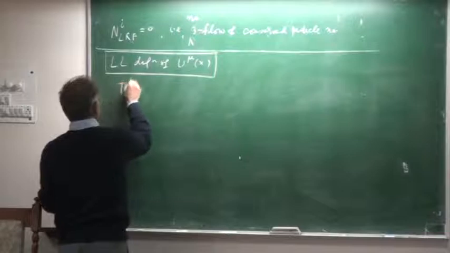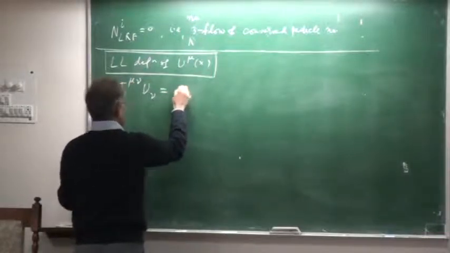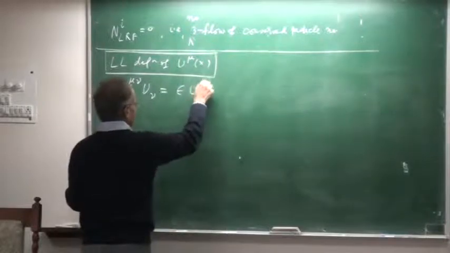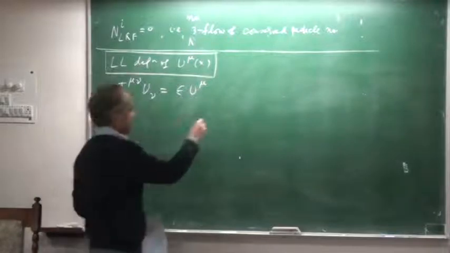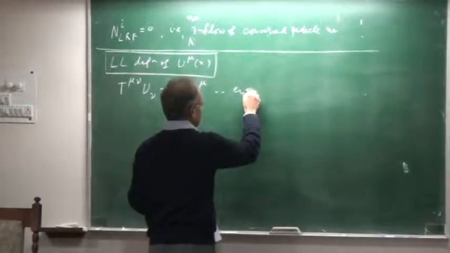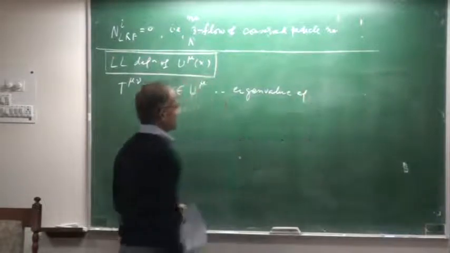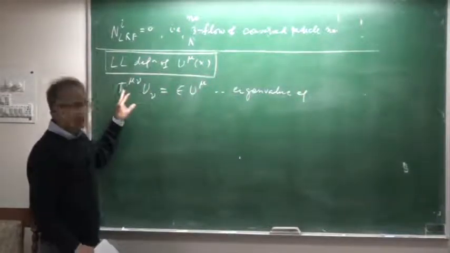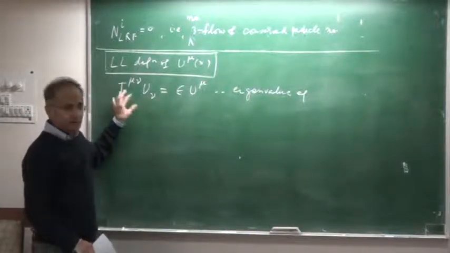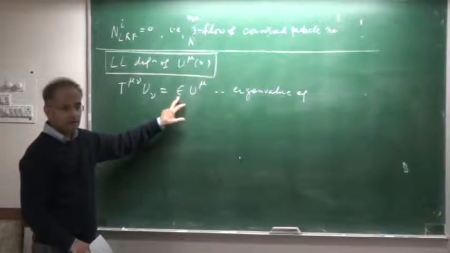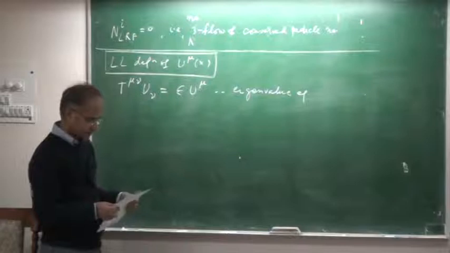So we can define it this way. This looks like an eigenvalue equation. This is the matrix. This is the eigenvector. When it acts on that, you get this as the eigenvalue, the same vector. So this is an eigenvalue equation.